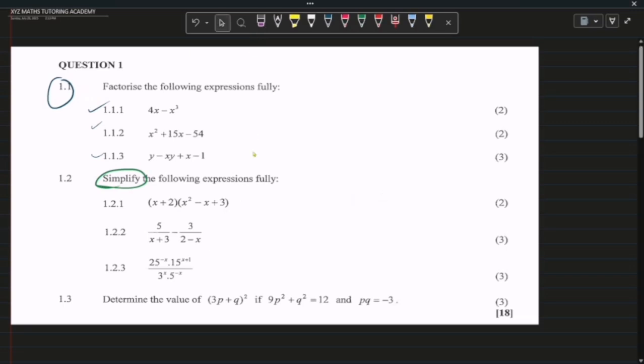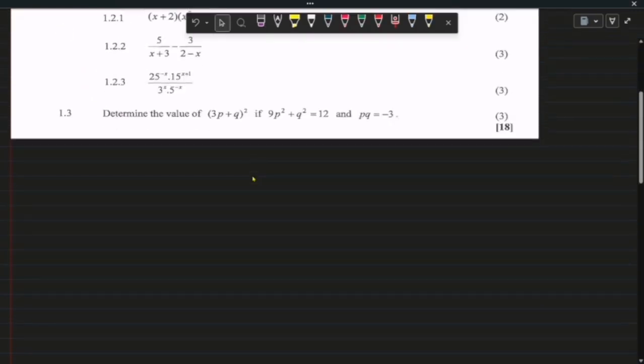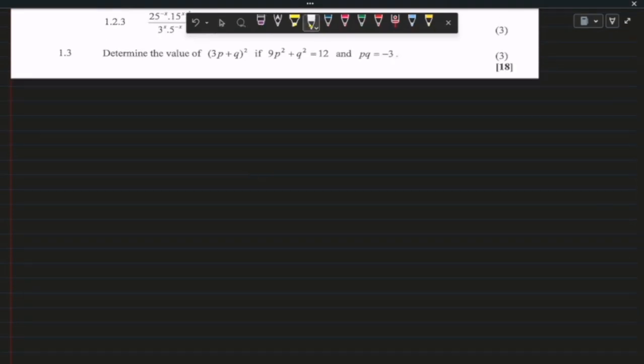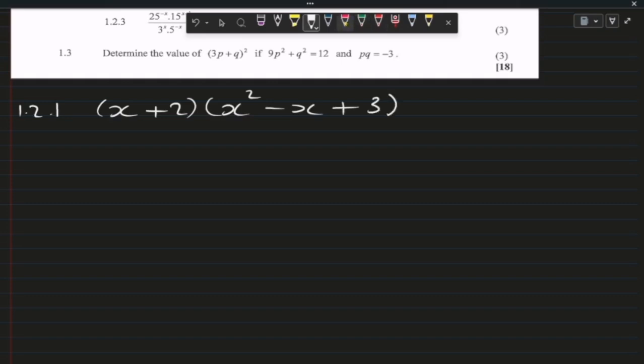So we can start with question 1.2.1. It says we must simplify this situation: x plus 2 into x squared minus x plus 3. As I've indicated before, we need to multiply this out in such a way that we only end up with a single algebraic expression.